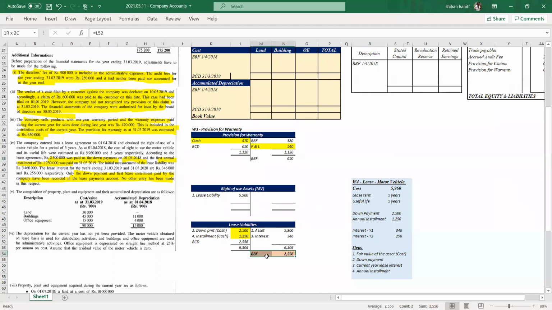Now this is next year. Oh, this is the total liability. We can't record this total liability as non-current because there is a payment for next year. So we divide this into current liability and non-current.